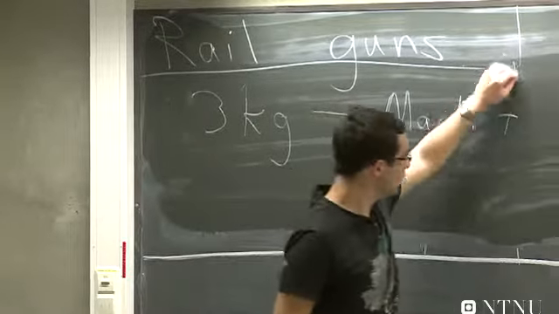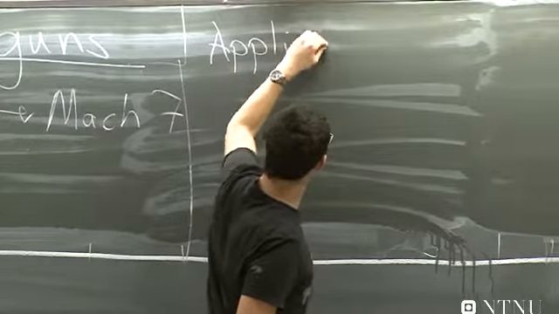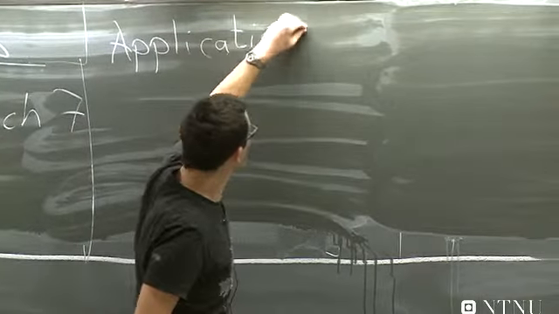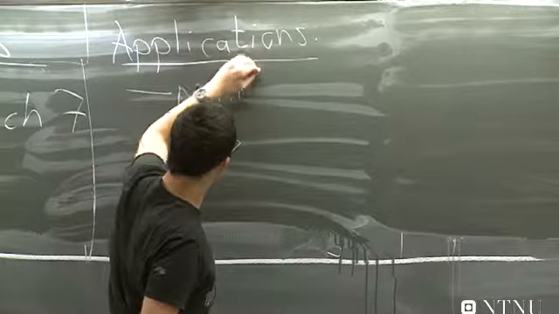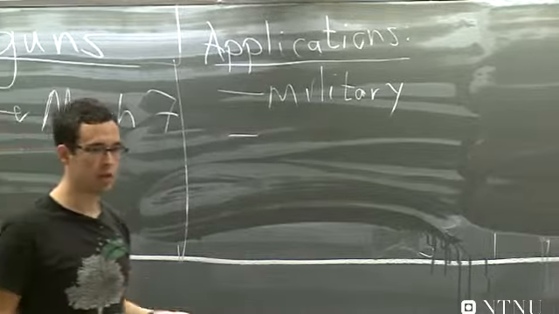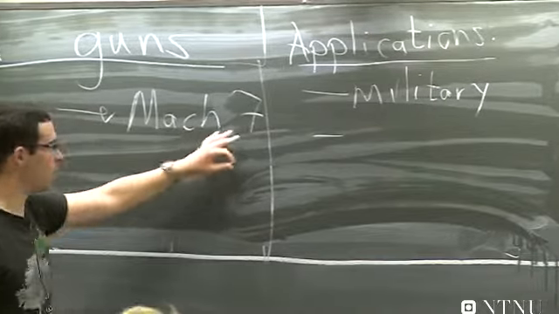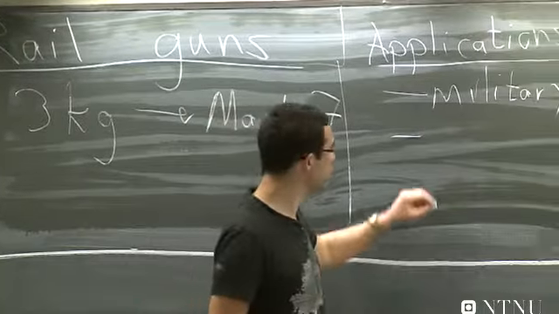So maybe I'll write it down. So there's military. There's also, you could do research on, let's say, aerodynamics. If you want to get up to Mach 7 without building your own rocket, it might be convenient to use a railgun.